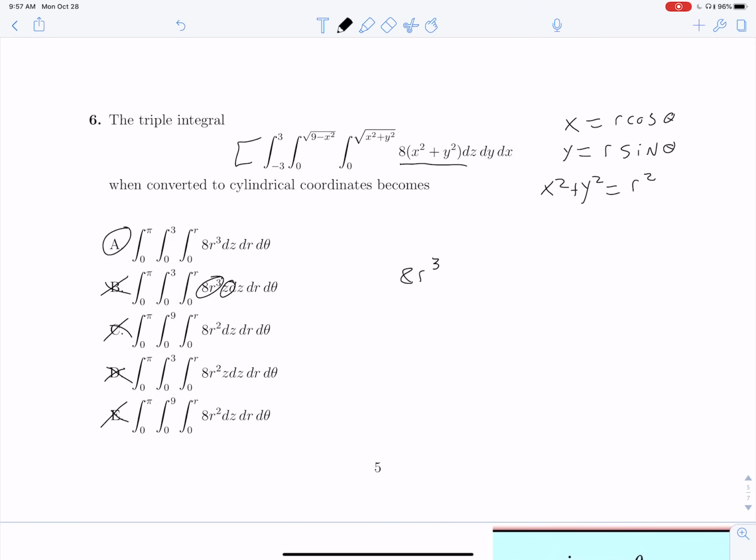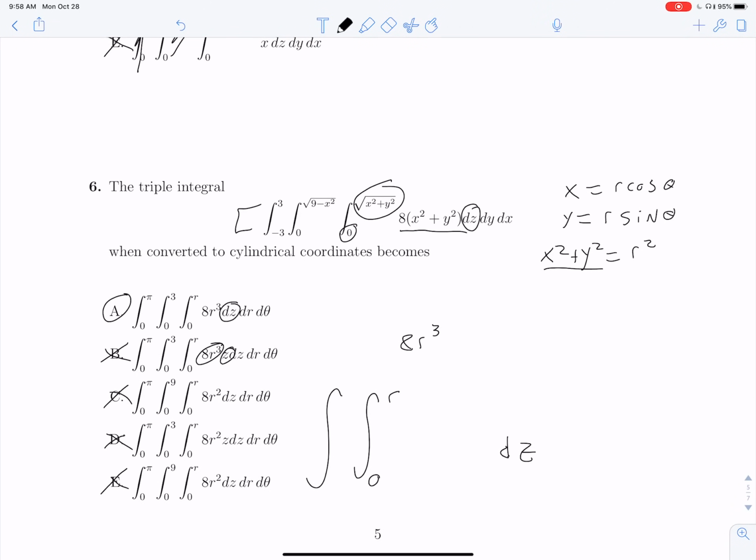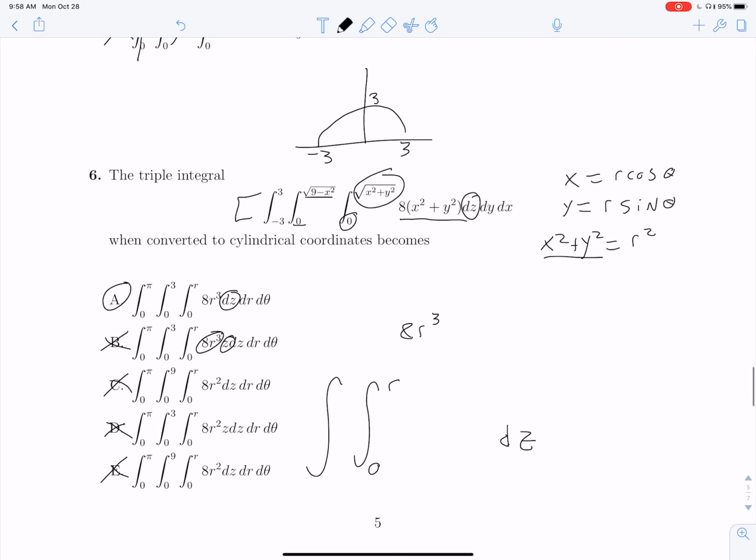If we convert this integral, we remember that z always remains the same. So this is still with respect to z, which is confirmed up there, and this is going to be 0. We remember that we got this relation here, so this top bound is going to be r. Then for our y, this function right here is just the hemisphere with radius 3, so from -3 to 3.